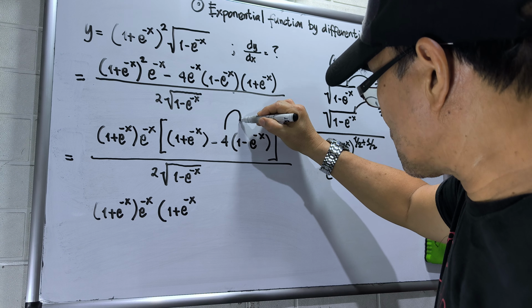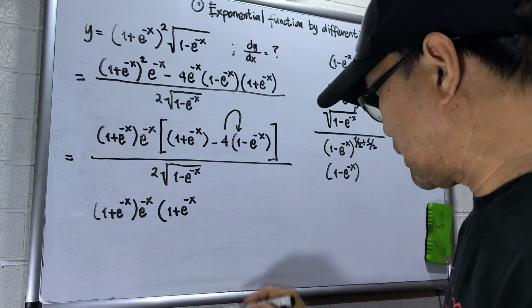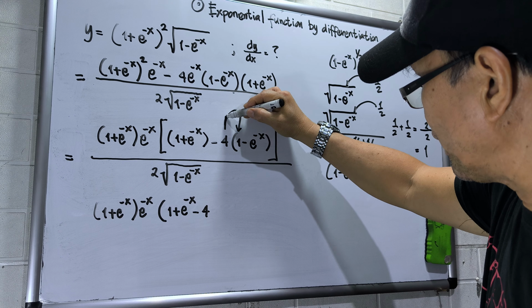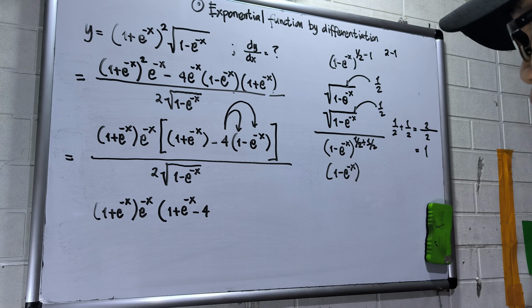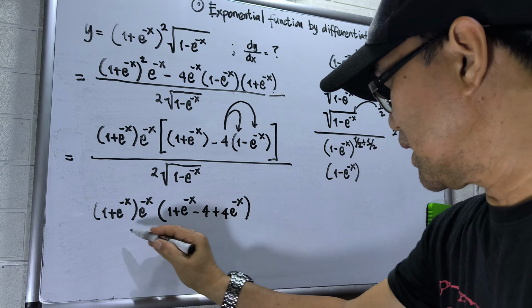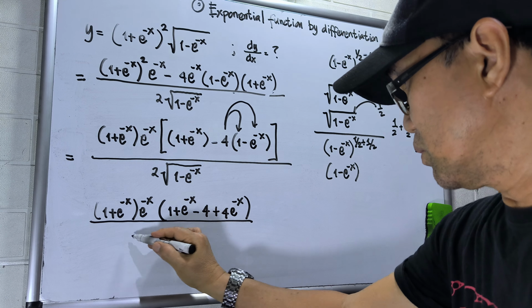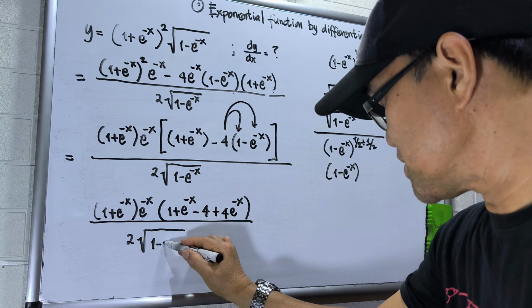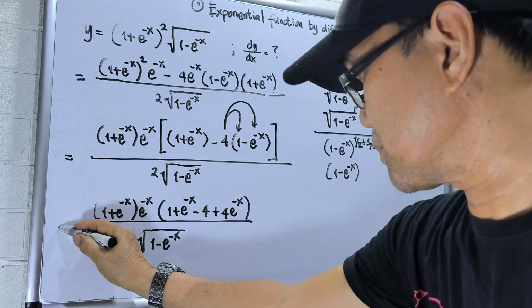Then negative 4 times 1, that will be negative 4. Okay? Then negative 4 times negative e to the negative x, that will be positive 4e to the negative x. Then this will be over 2 square root of 1 minus e raised to the negative x.